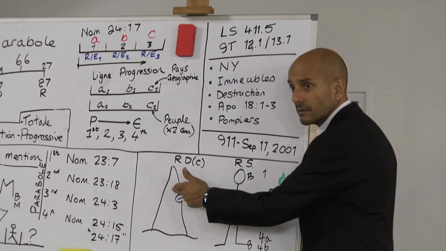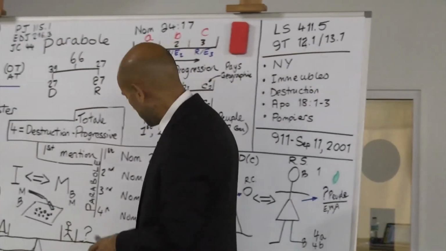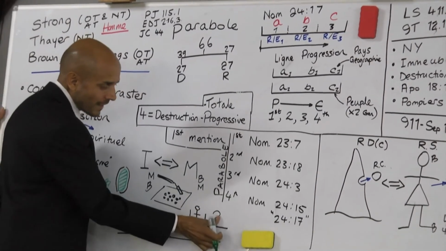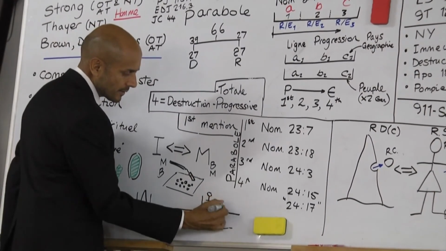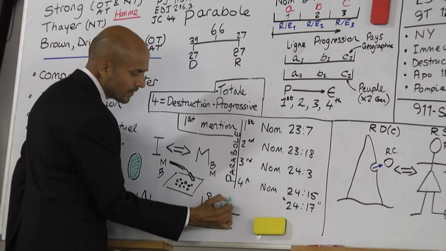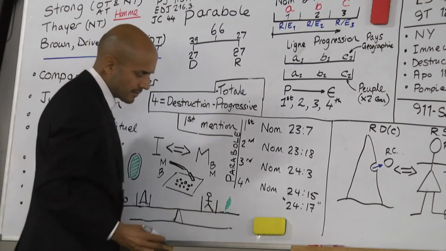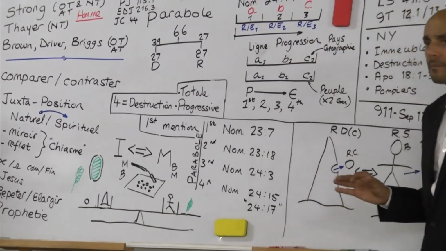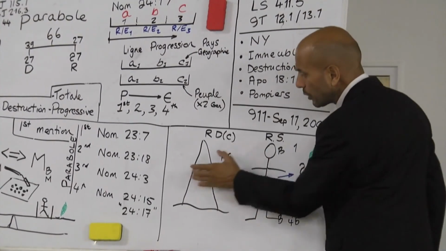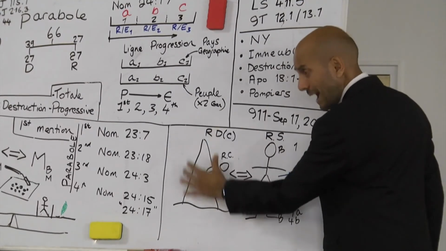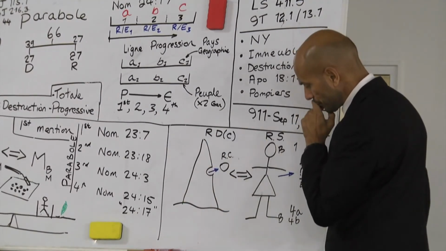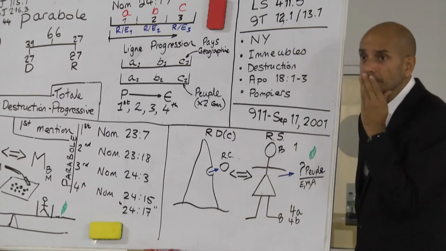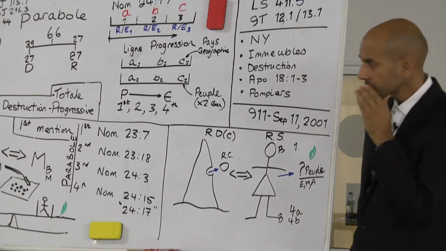So right here, we can see that not only should we expect to find something, but we can find out exactly what it is. So we know there's a group of people that will be cut out of the mountain, and there's a group of people that are cut out of the statue.